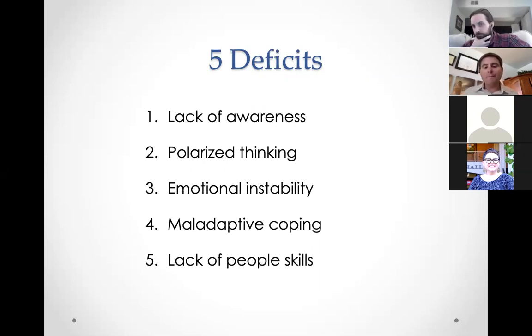So someone that is emotionally vulnerable, obviously they will also have unstable emotions. So lots of mood swings up and down and all around. But something else that Marshall Linehan noticed with this population was very maladaptive coping strategies.